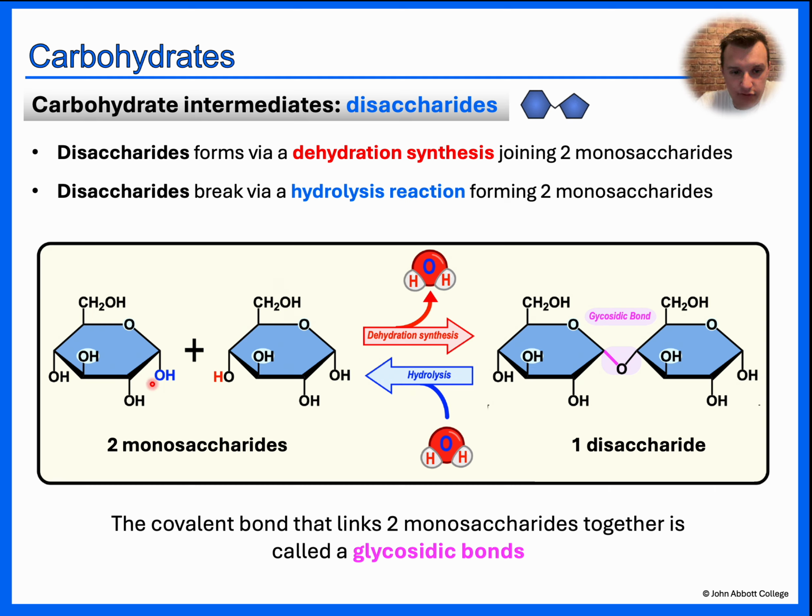If I remove this OH and this H and dehydrate it out, I will synthesize, I will mesh together the 2 and form this molecule here, which is 1 disaccharide. 1 monosaccharide plus 1 monosaccharide makes 1 big disaccharide. Disaccharide because there's 2.